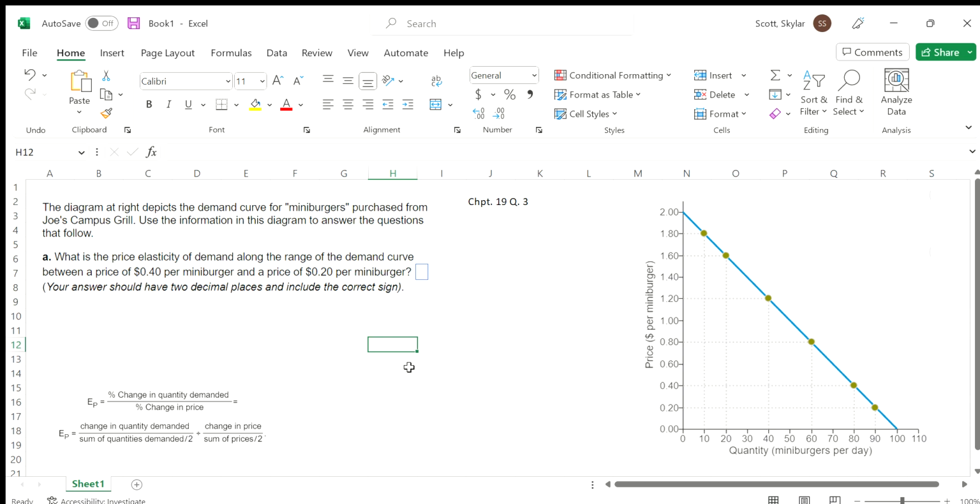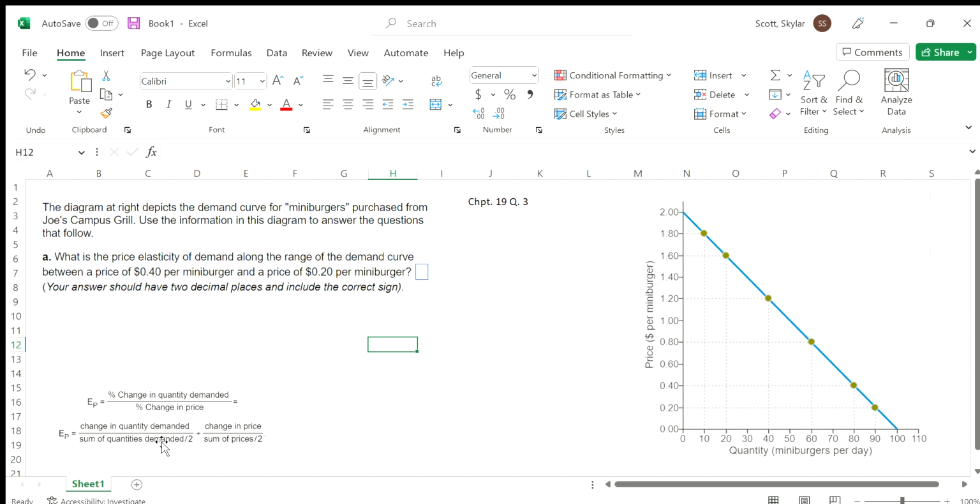Well, you'll recall from our lectures that all of the elasticity equations are going to be at the end of Chapter 19. This particular question is going to call for the elasticity of demand equation, which I've gone ahead and pasted below here.